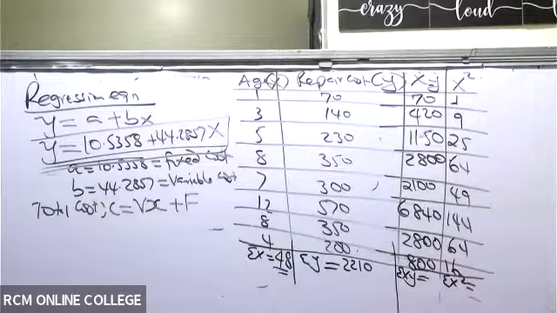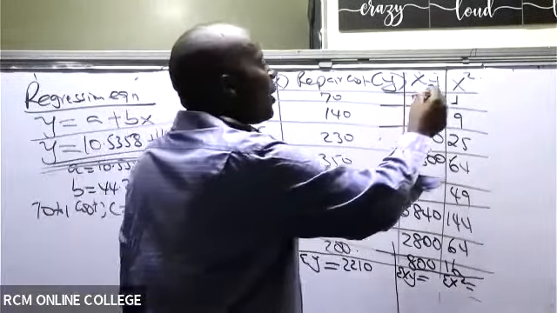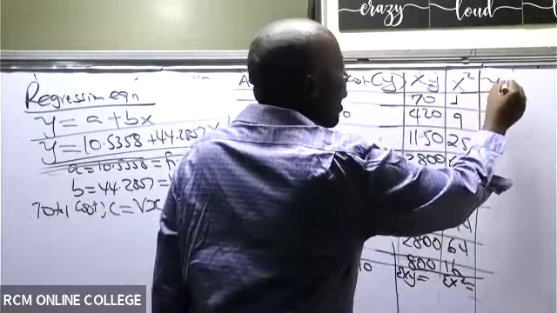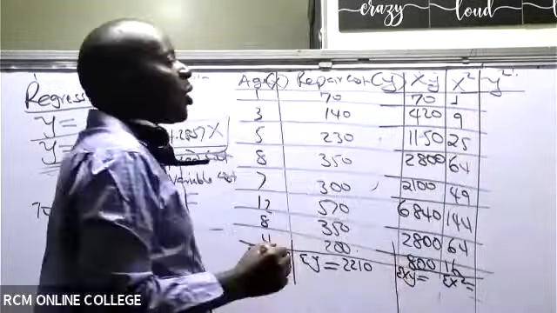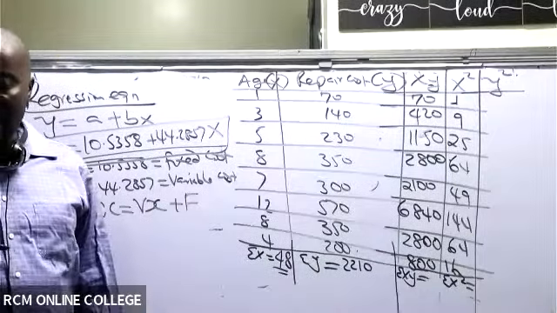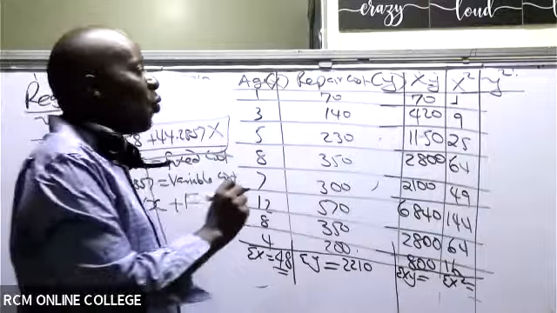And then look at Roman 4. They want us to give them the coefficient of determination. For us to get it, we need to create an extra column here which we shall call y squared. I would want somebody to help me get these squares of y.